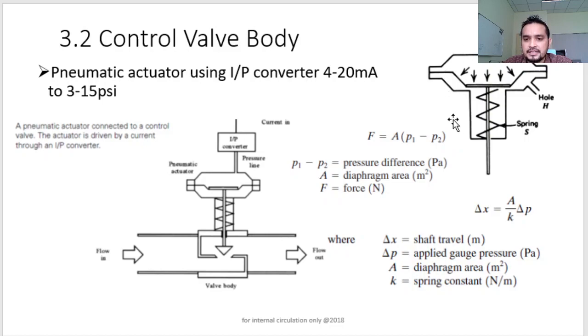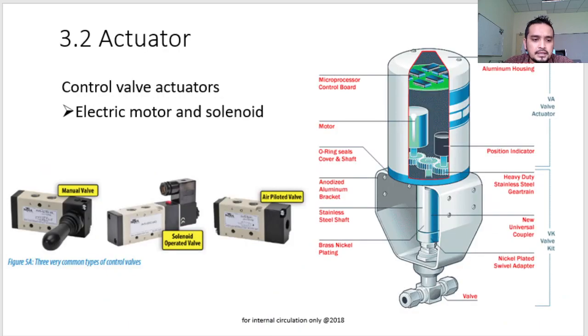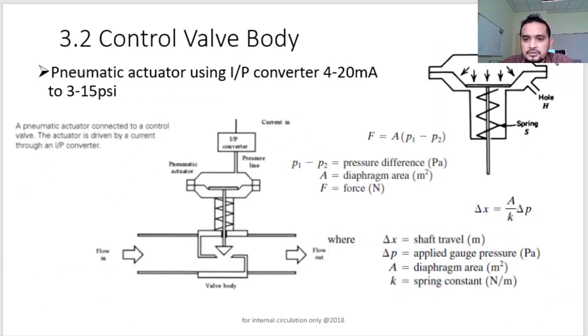Now we look into the spring and diaphragm actuator. As I mentioned earlier, it is this one. We have air pressure, we have the diaphragm, and then a spring to return the diaphragm to its original position. In this example, as we inject the air pressure, it pushes down the diaphragm, and this will lower the stem.